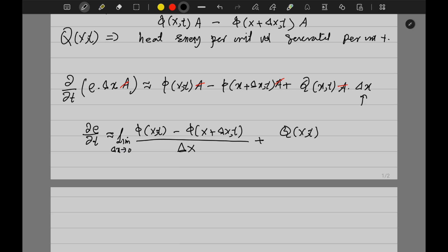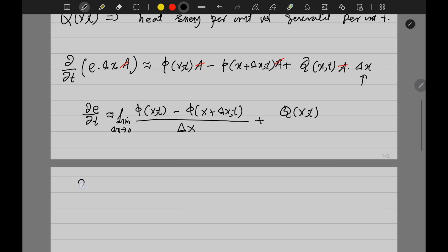So partial e by partial t is equal to minus the derivative of phi with respect to x, plus q. This minus sign is just a result of simplification.